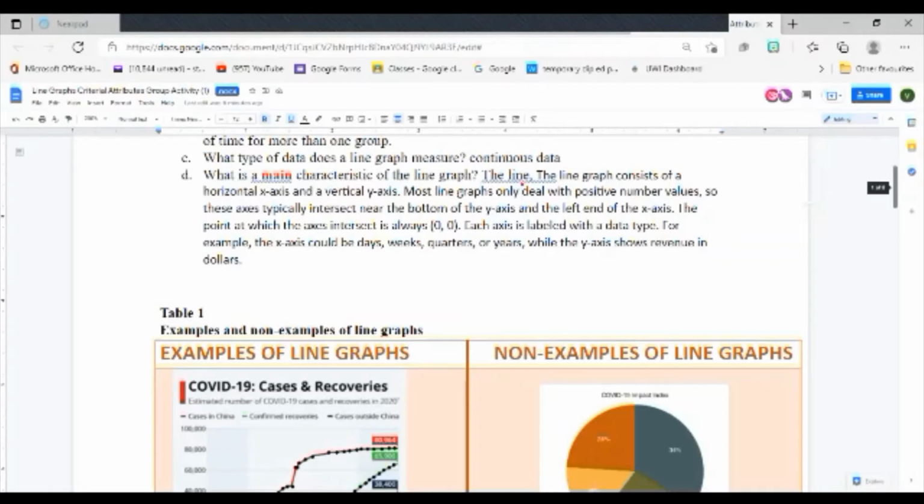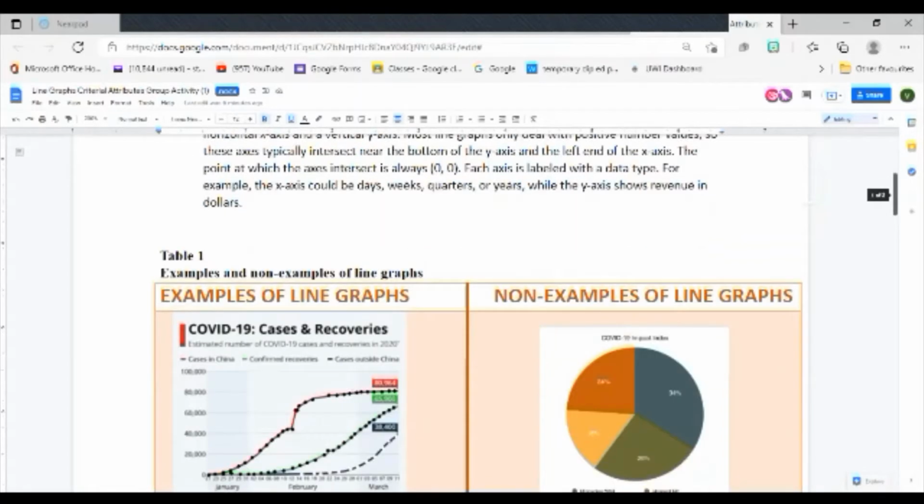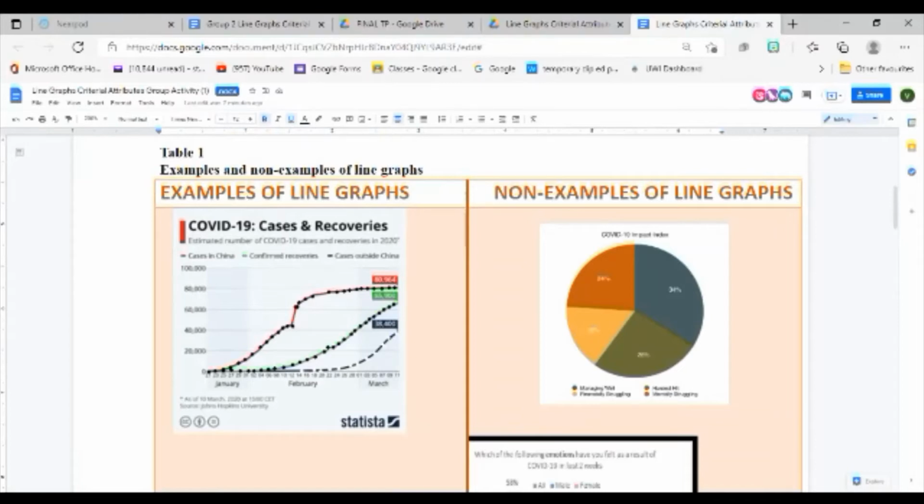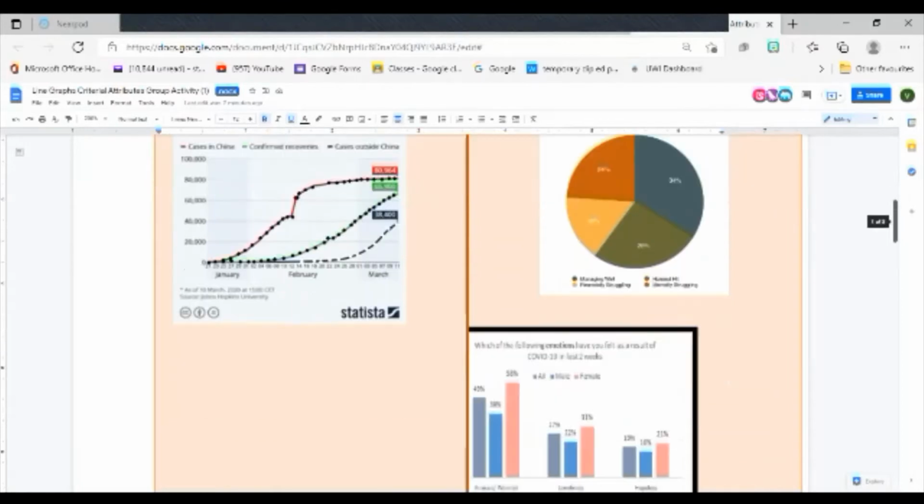And what's the main characteristic of a line graph? From the table here, what was the main thing that made it different from the non-examples? That it uses a line to show the data. Okay, all right.